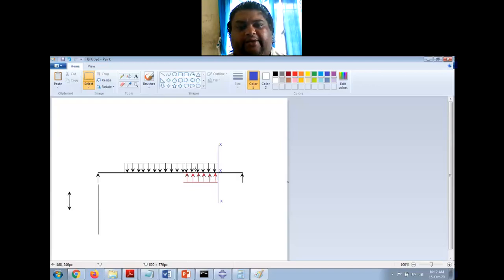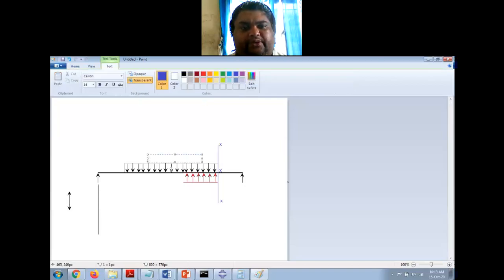So I have added a UDL of 40 kilonewton per meter.